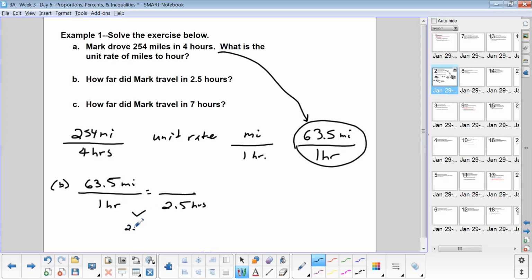If I multiply 1 by 2.5, then I need to multiply 63.5 by 2.5, and you get about 158.75 miles. That's what we would be looking for. And you can divide 158.75 by 2.5, and you should get the unit rate.